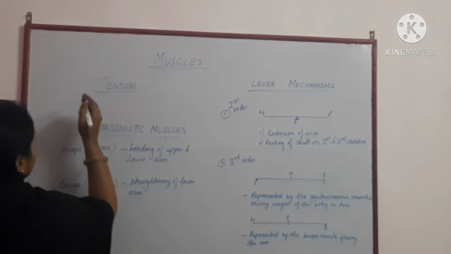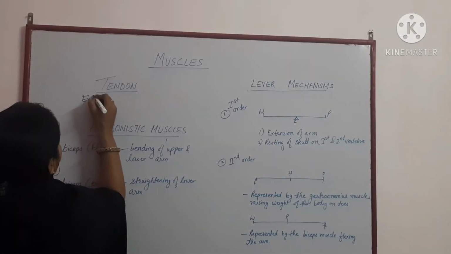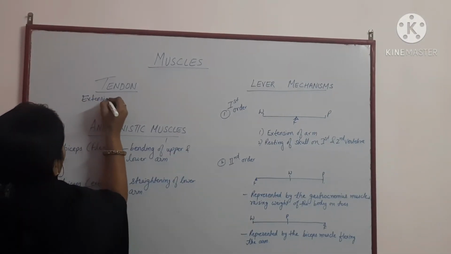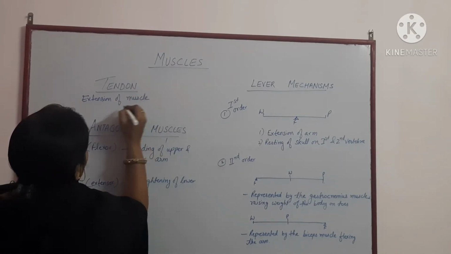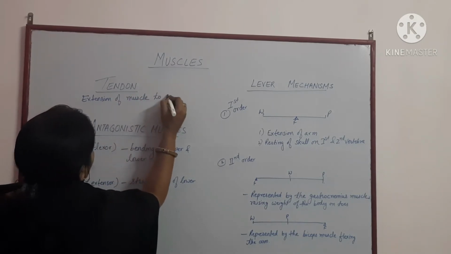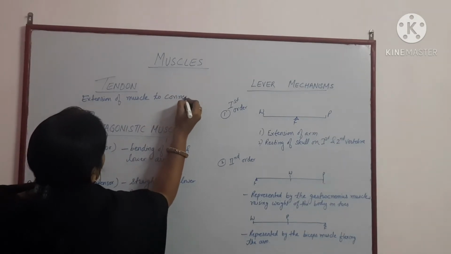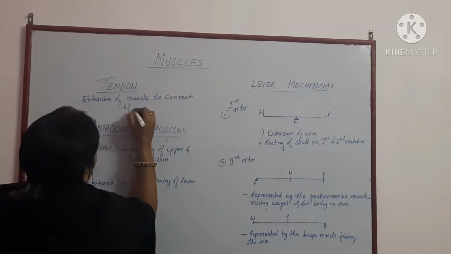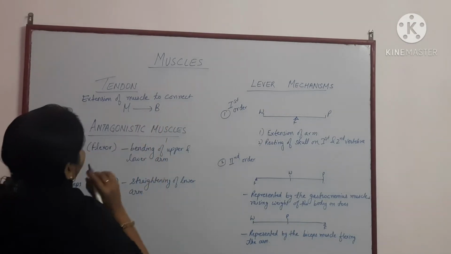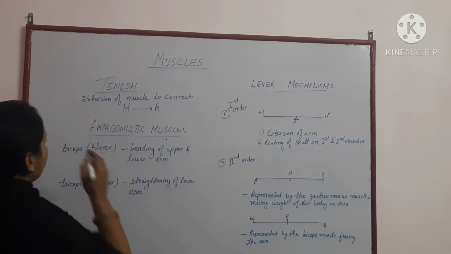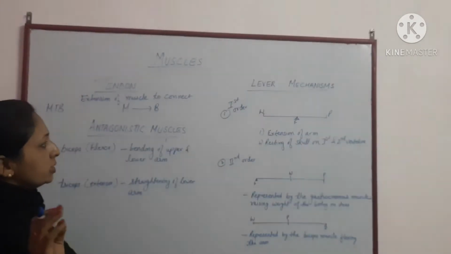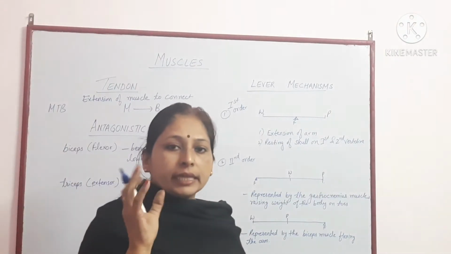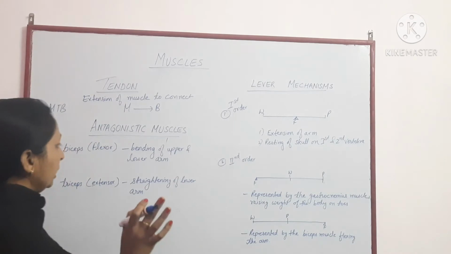So muscle to bone, MTB. Muscle to bone connection is through tendons, which are an extension of the muscles only.